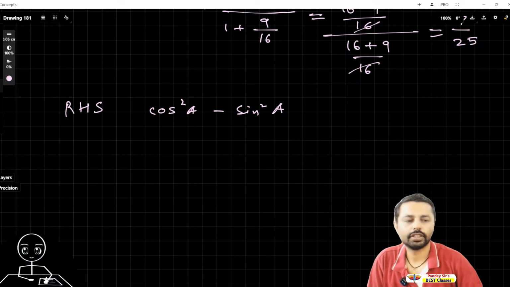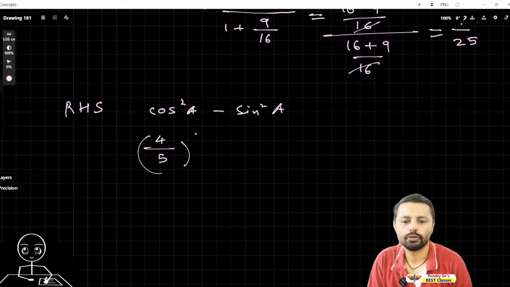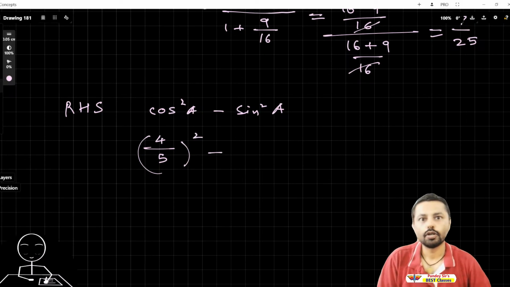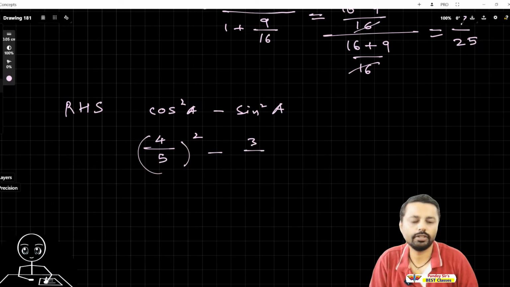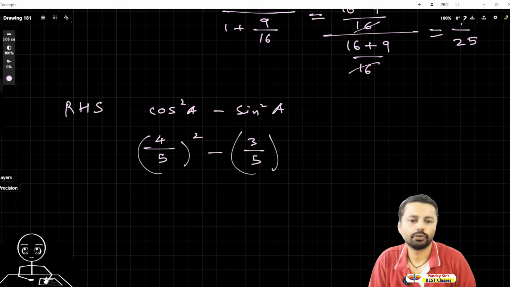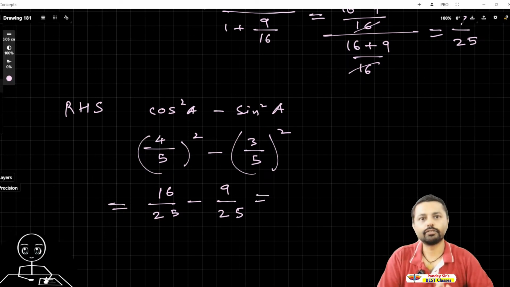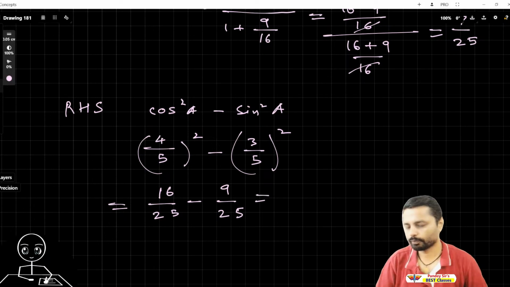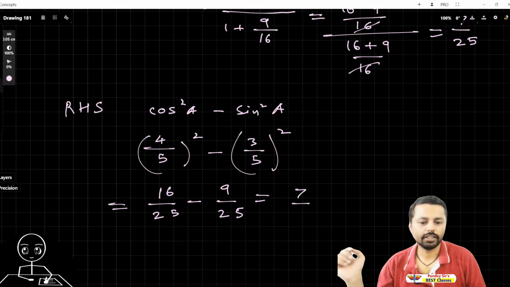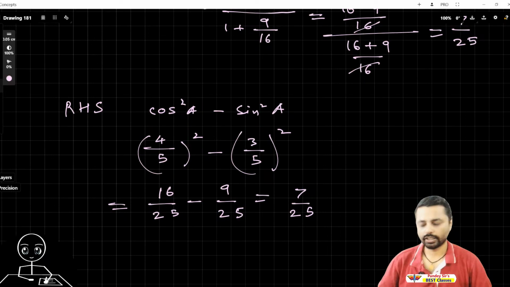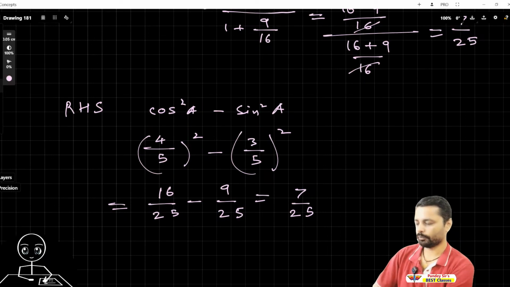The base was 4 and the hypotenuse was 5, so 4 by 5 whole square, minus sin, which is perpendicular by hypotenuse, 3 by 5 whole square. That will be 16 by 25 minus 9 by 25. Yes, and we got it, it is 7 by 25. It's proven that both are equal and both are correct.